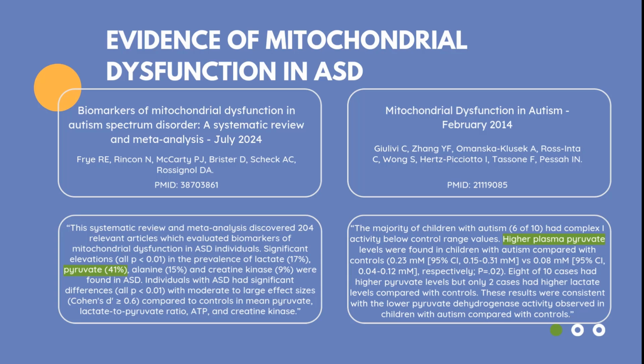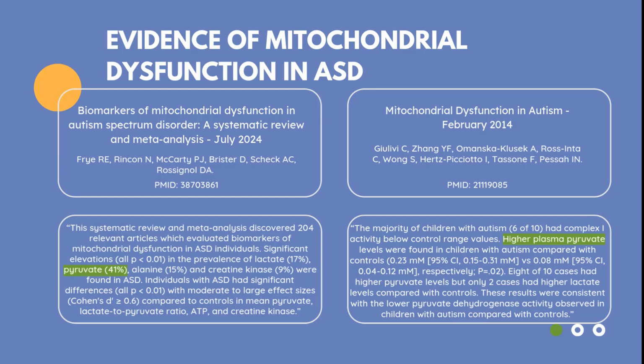And I want to highlight that overall in these papers, they came up with a 41% elevation in pyruvate in children with autism. Recall my emphasis on pyruvate. If pyruvate is not shuttled into the mitochondria and that pyruvate dehydrogenase enzyme is not functioning optimally, pyruvate will be elevated.